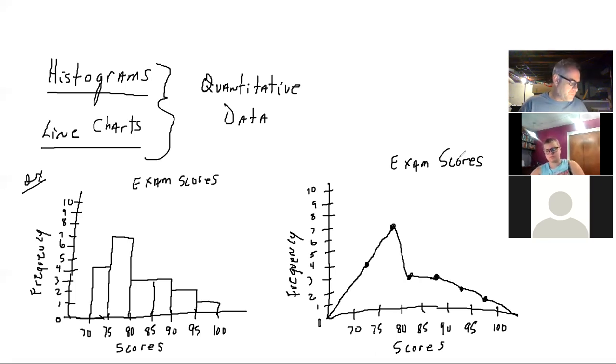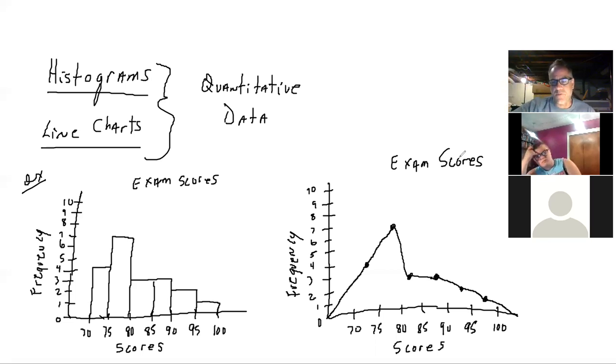So as far as the vertical and horizontal axis, each of these are exactly the same. It's just a little bit different visual display. You can clearly still see where you had the most frequency.